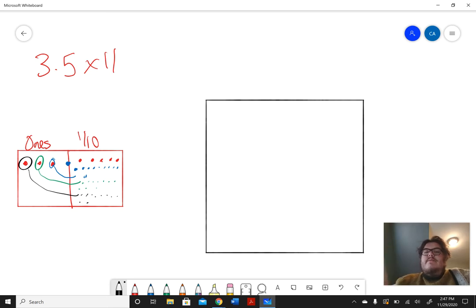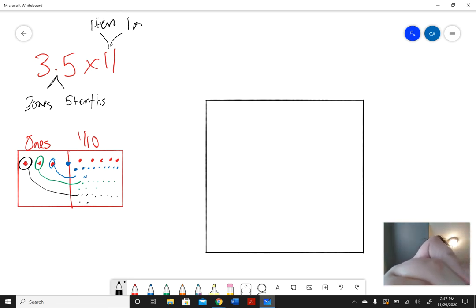When we're using an area model, we're looking at our numbers at their place values. So here we have 3 ones and 5/10, and here we have 10 ones, or 11, 10 ones and 1 one.